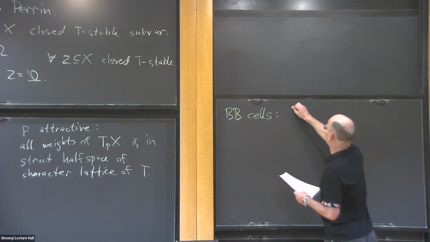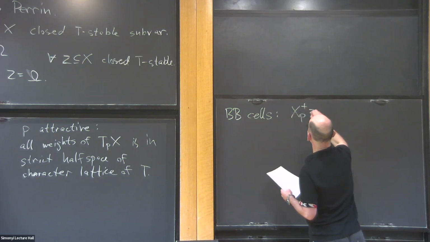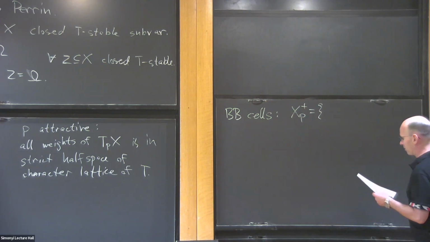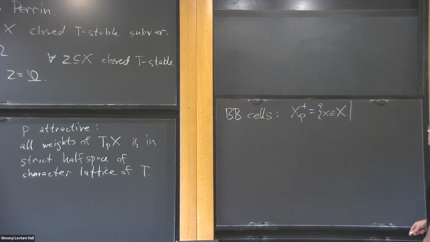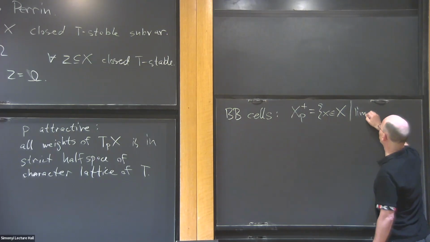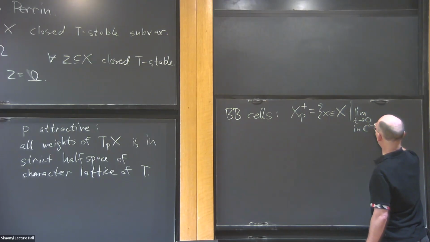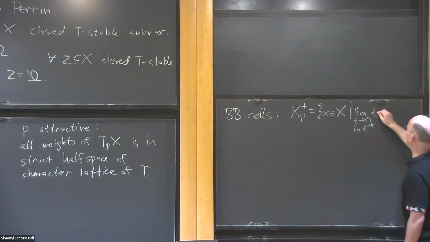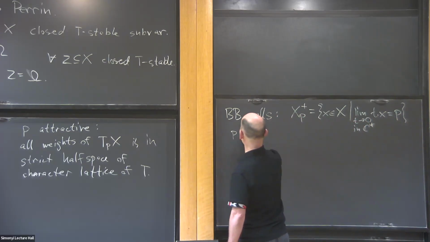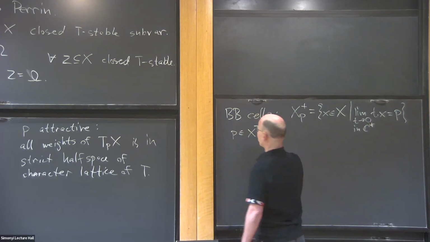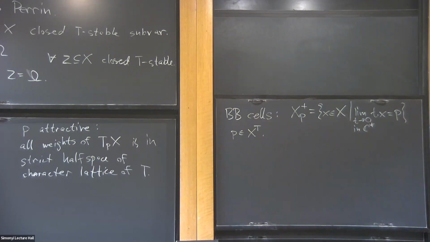Okay, so then we can define the so-called Bialynicki-Birula cells, namely X_P plus. Define this to be the points in X that are attracted to P. So that is when we take the limit as t goes to 0 of t dot x, that limit is equal to P. This, of course, makes sense when P is itself a fixed point.